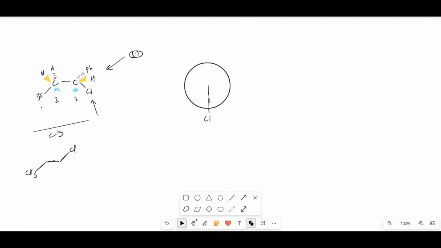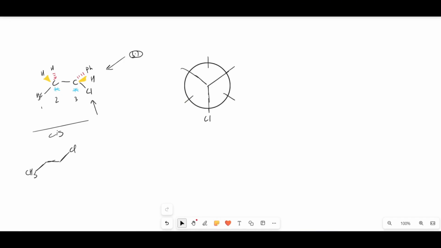I'll explain what I mean more when we get into the other side. Since we're looking at it from the left side, this part of the molecule will be the main focus of the Newman projection, which is why we draw it like this. Whereas the other side, which is the further back side, is going to be drawn like that.